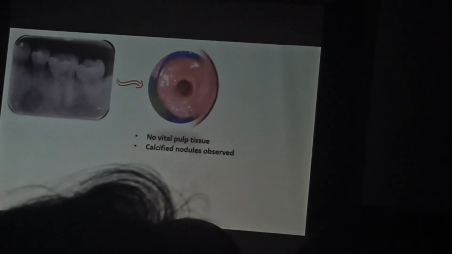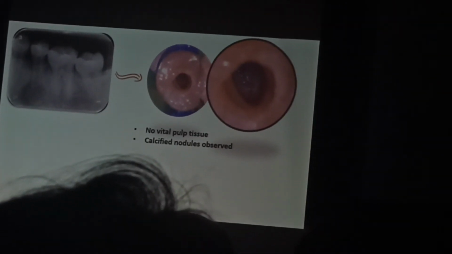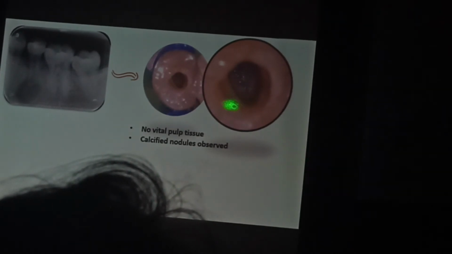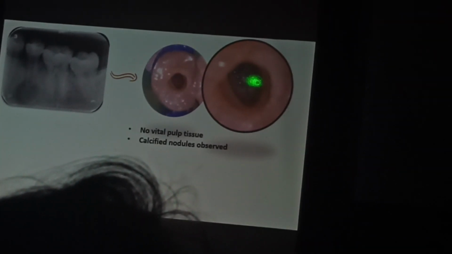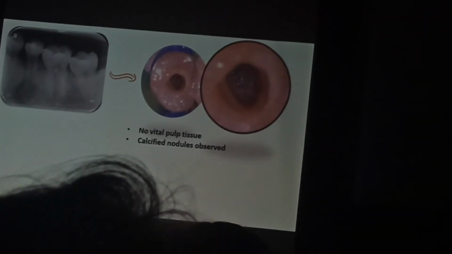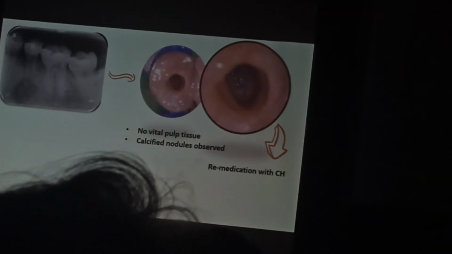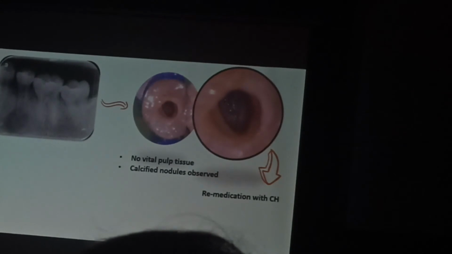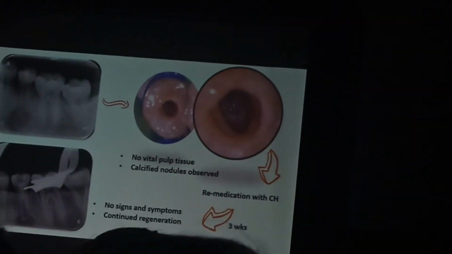After root canal re-disinfection, when we opened up the canal, we found some calcified nodules inside without any vital tissues in the tooth. Then we decided to remove them and re-medicate with calcium hydroxide.